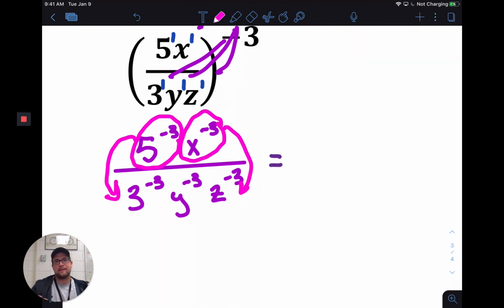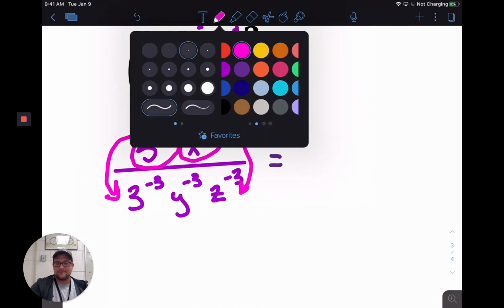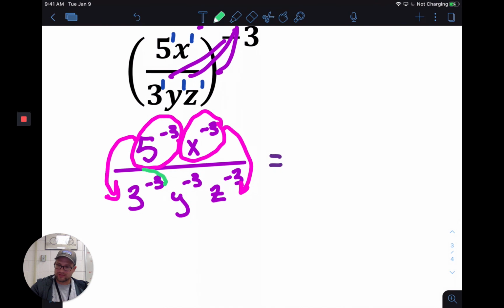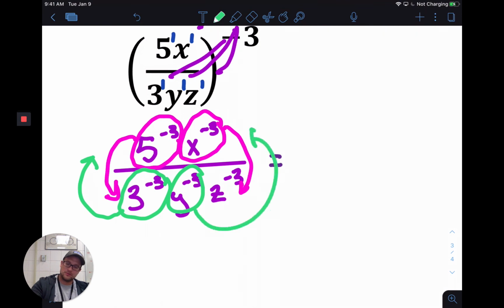Now we've only ever had to pull stuff down to the bottom, but on the bottom, do you notice how we already have negative exponents down there? So we're going to actually take these to make those positive. We're going to move them all to the top. So in this situation, since everything had a negative exponent, our fraction is literally just going to flip, and all of our exponents are now going to be positive.